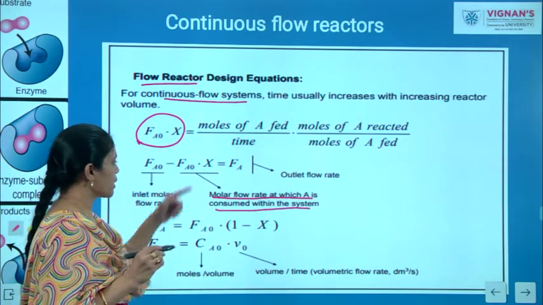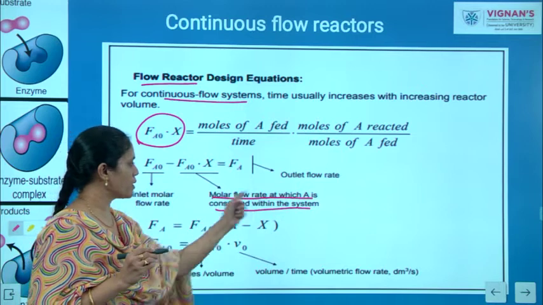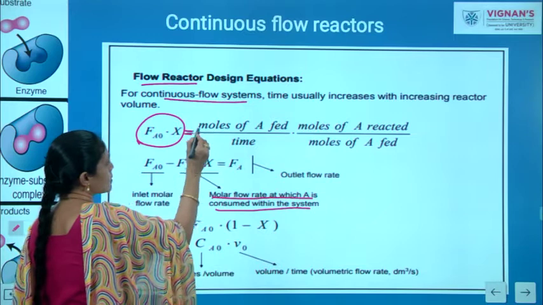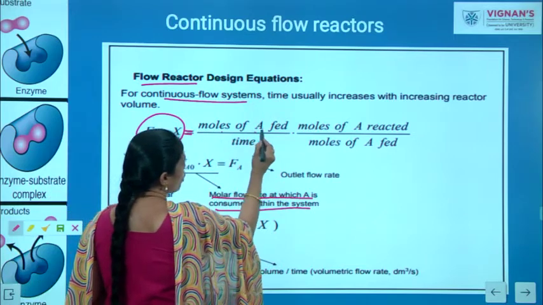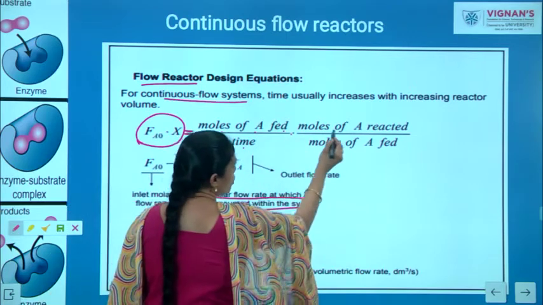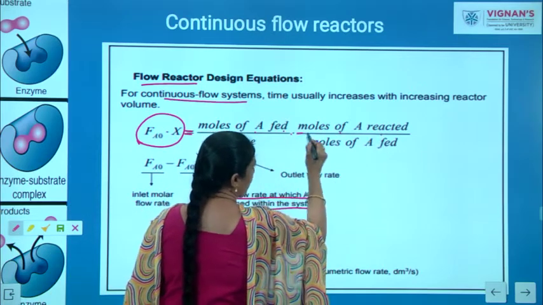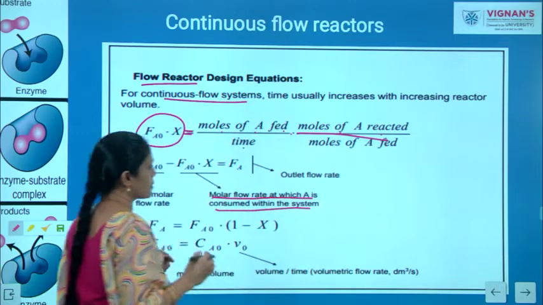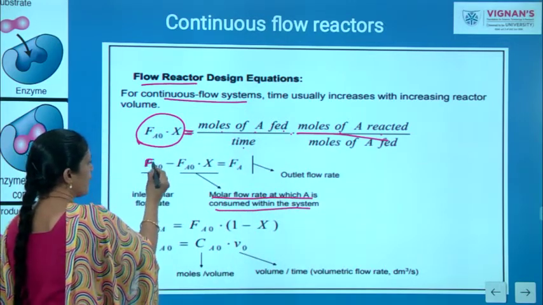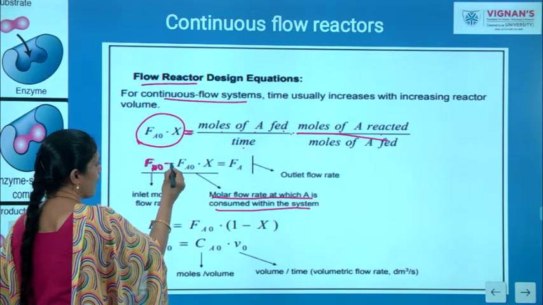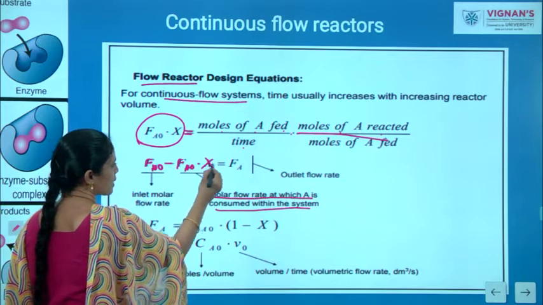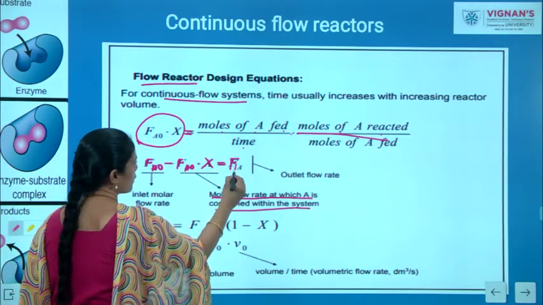FA naught into X, which is nothing but the molar flow rate at which A is consumed by the system, is calculated as the number of moles of A fed into the system per unit time into moles of A reacted per mole of A fed into the system. So we will represent it as FA naught minus FA naught into X is equal to FA.